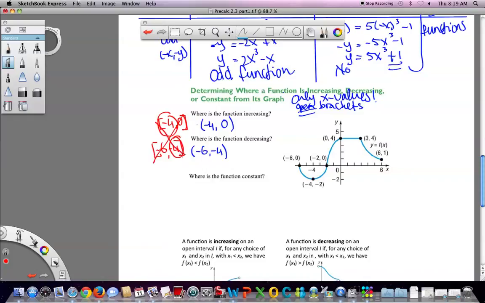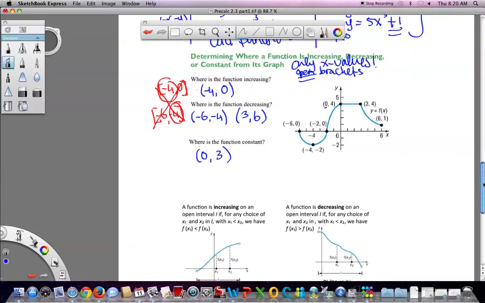So you use open brackets when you do these, okay? I'm not done with decreasing because it decreases, then it increases, and then apparently it's constant, so there's another answer there, but then the function is decreasing again starting at 3 all the way to x is 6. And then constant from 0 to 3.